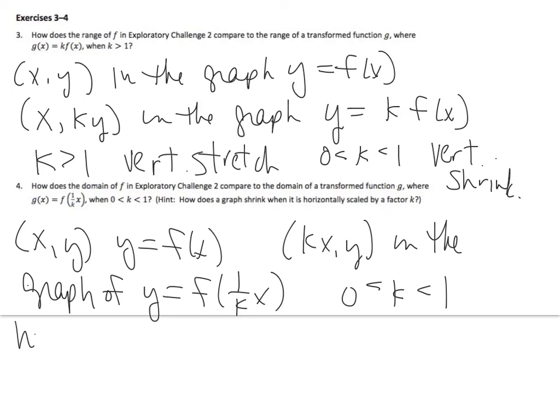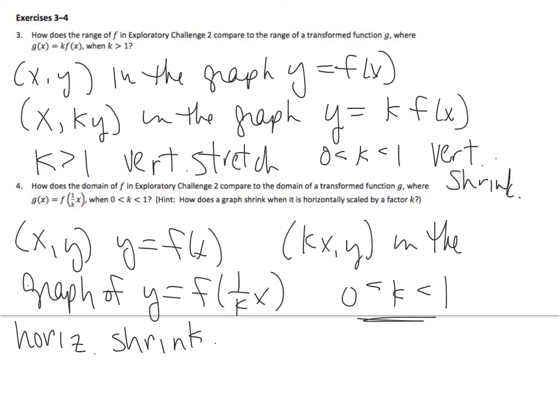For those values I have a horizontal shrink.